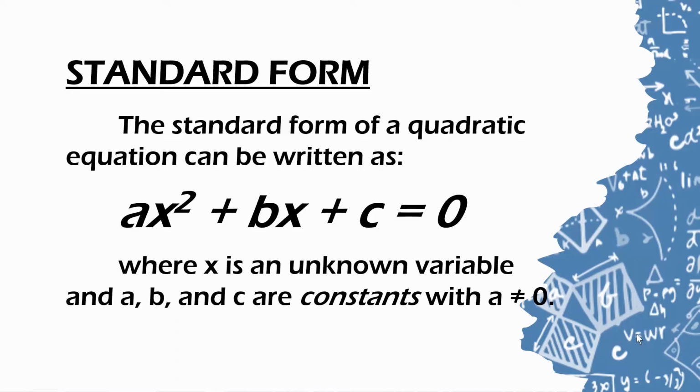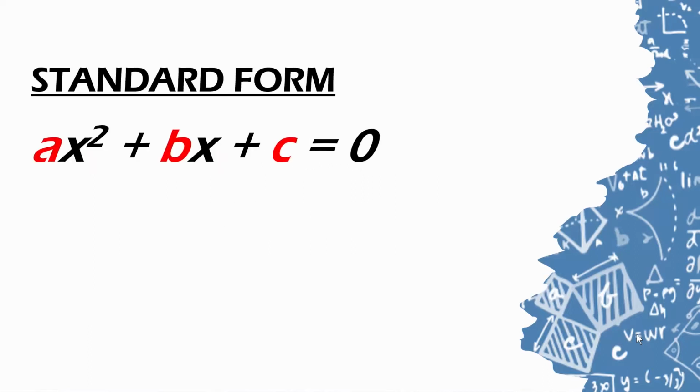Therefore, the standard form of the quadratic equation is given by ax squared plus bx plus c equals 0, where x is an unknown variable and a, b, and c are constants with a not equal to 0. Keep in mind that a could not be equal to 0 because if a equals 0, it becomes a linear equation.